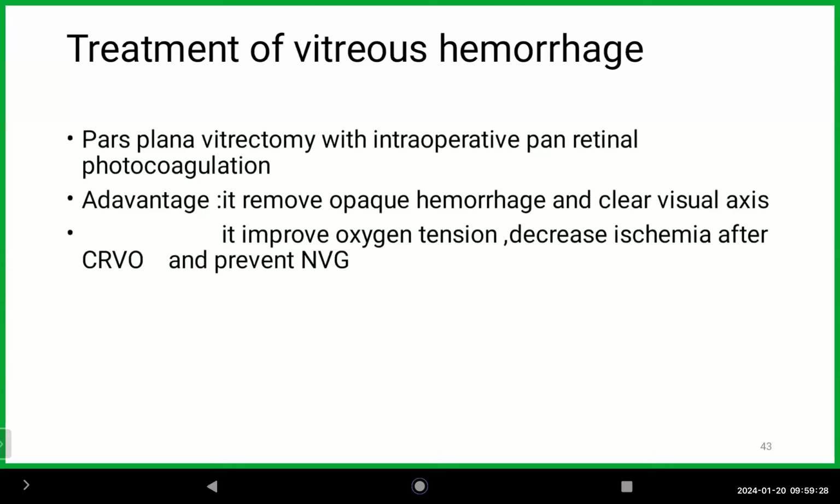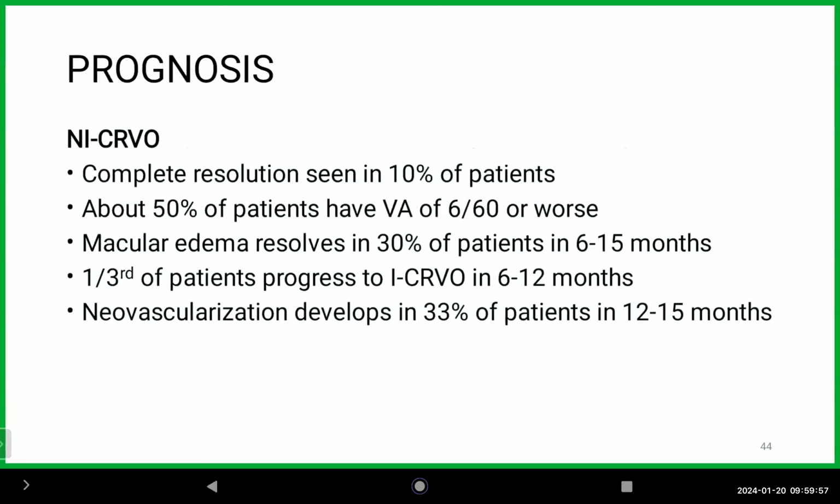The advantage of doing this is that pars plana vitrectomy removes the opaque hemorrhage, so it clears your visual axis, and it also increases the oxygen tension, so it increases the oxygen supply to the retina and decreases the ischemia after the central retinal vein occlusion and also prevents neovascular glaucoma.